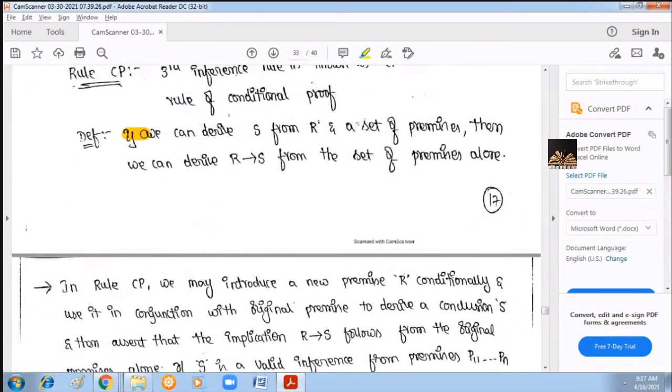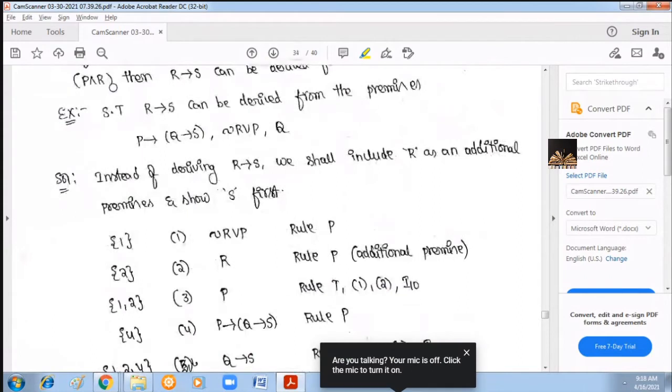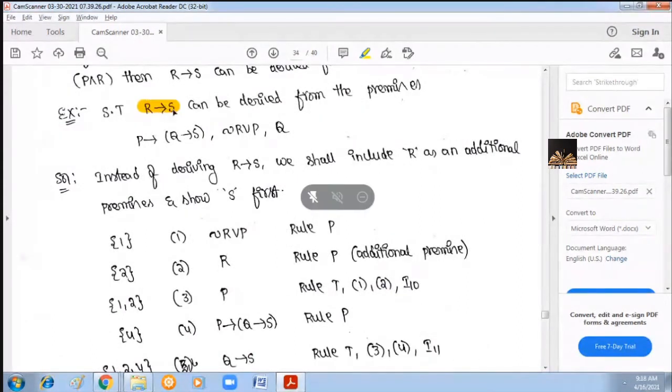So see this rule once. If you are able to derive S from R and a set of premises, then R implies S is also derived from the same set of premises. So here you are asked to prove that R implies S is derived.